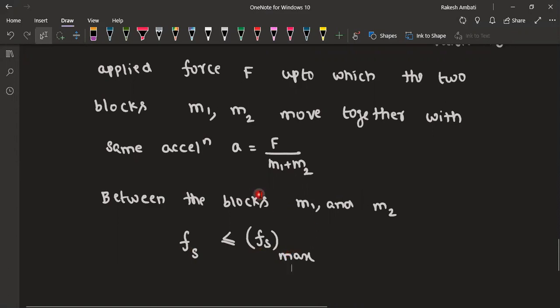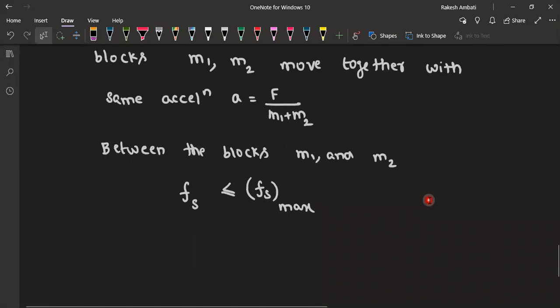Now you think clearly. If I want to find the maximum force up to which they are moving together with the same acceleration, which symbol do we have to follow? Fs less than, or Fs equal to, to find the maximum value of applied force up to which they are moving together?